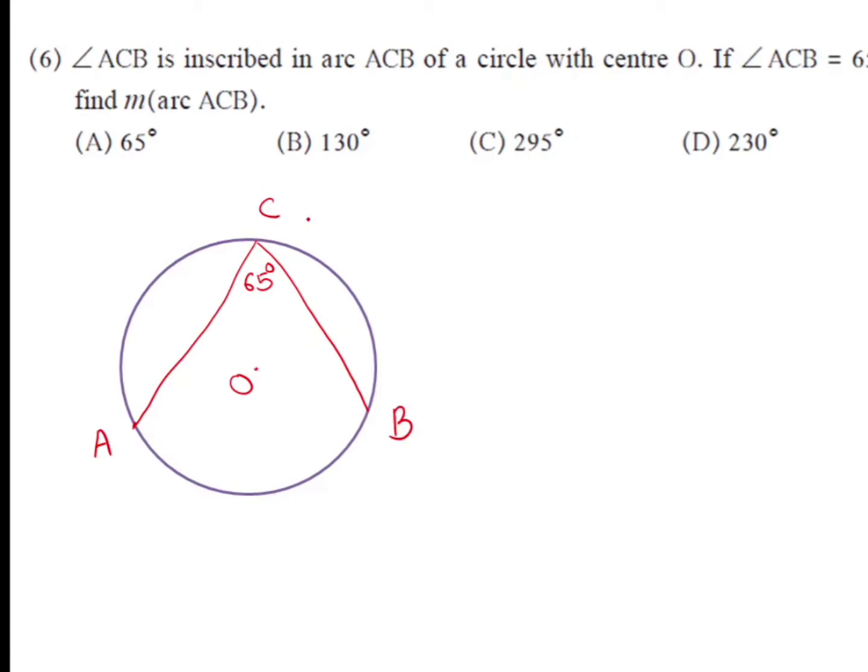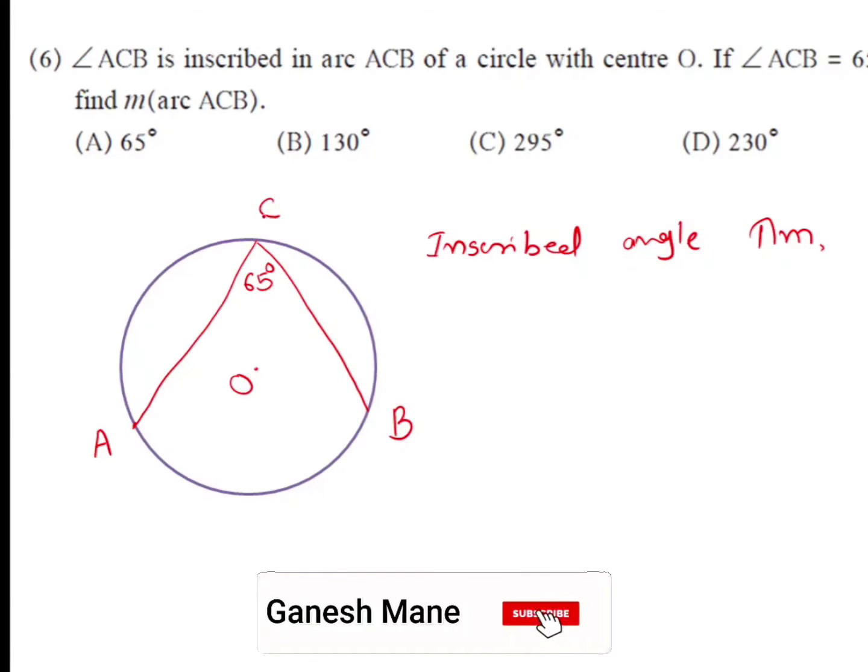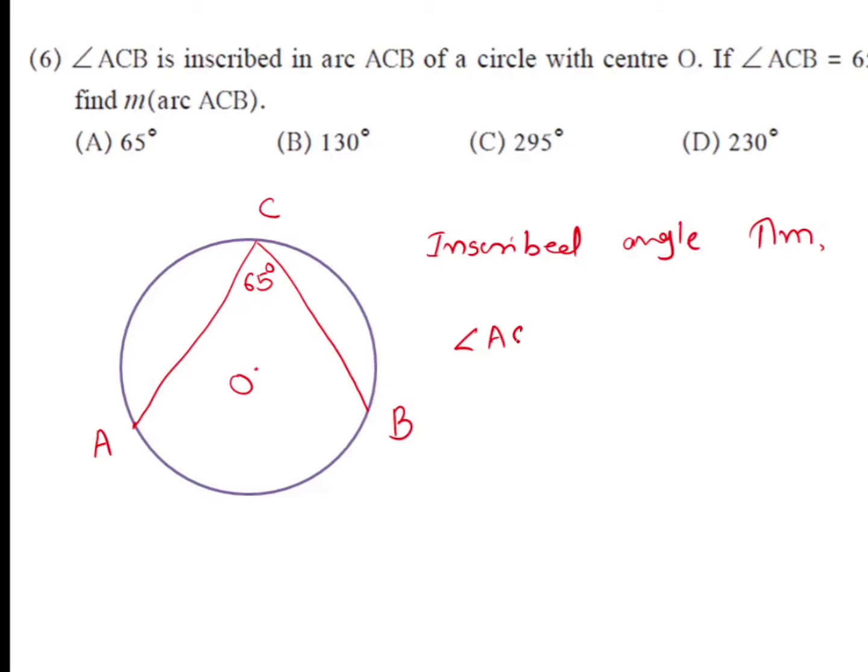Now here we have to use the inscribed angle theorem to solve this one. Now by inscribed angle theorem we have the relation between angle ACB and measure of arc AB, as arc AB is intercepted by angle ACB. So angle ACB must be half of arc AB. So we can have angle ACB is equal to half of measure of arc AB, and this is because of the inscribed angle theorem.